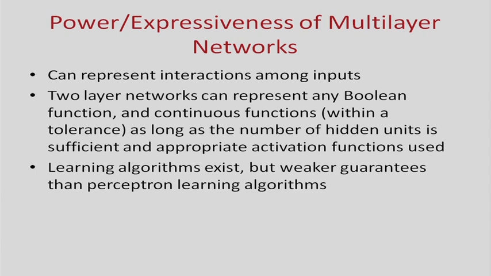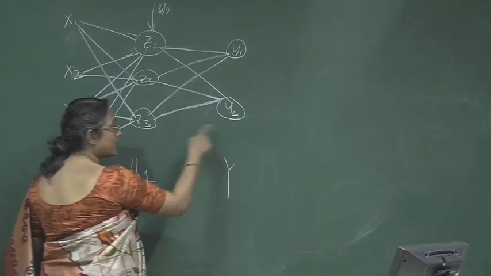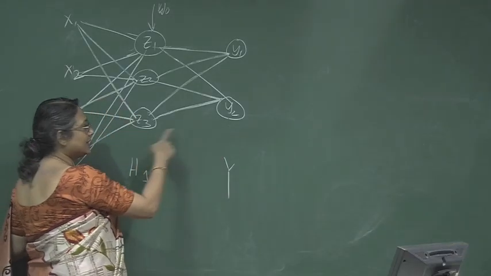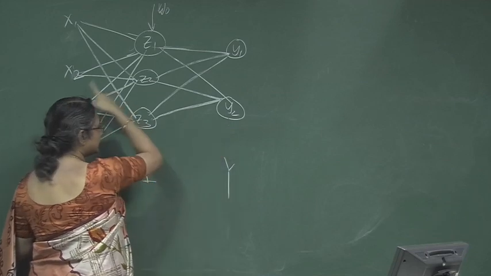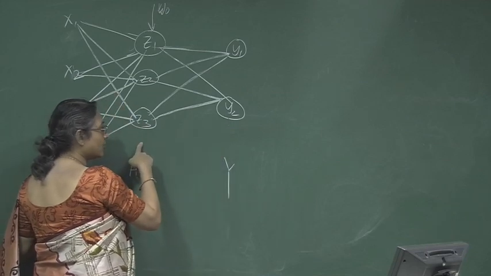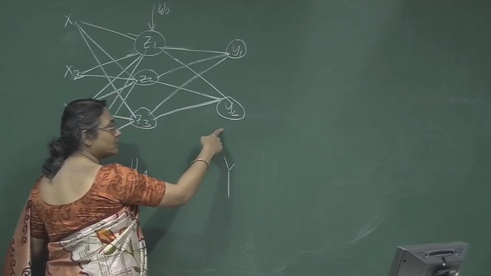So, we can look at what multi-layer networks can express. We have seen that single-layer networks can represent linearly separable functions. Multi-layer networks can express interactions among the inputs. In particular, this is a two-layer network where you have one hidden layer and one output layer. This is the input, this is the hidden computing layer, and this is the output computing layer.